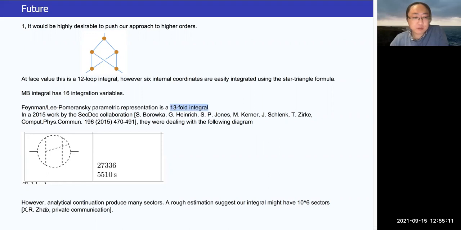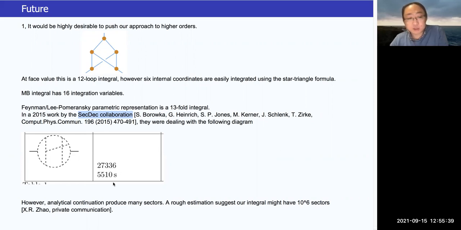However, we talked to a friend, and he did some rough estimation of how many sectors we have. We have 10 to the 6, very roughly. And in a 2015 work, the SecDec collaboration was dealing with this kind of diagram, and what they were dealing with was about 20,000 sectors.